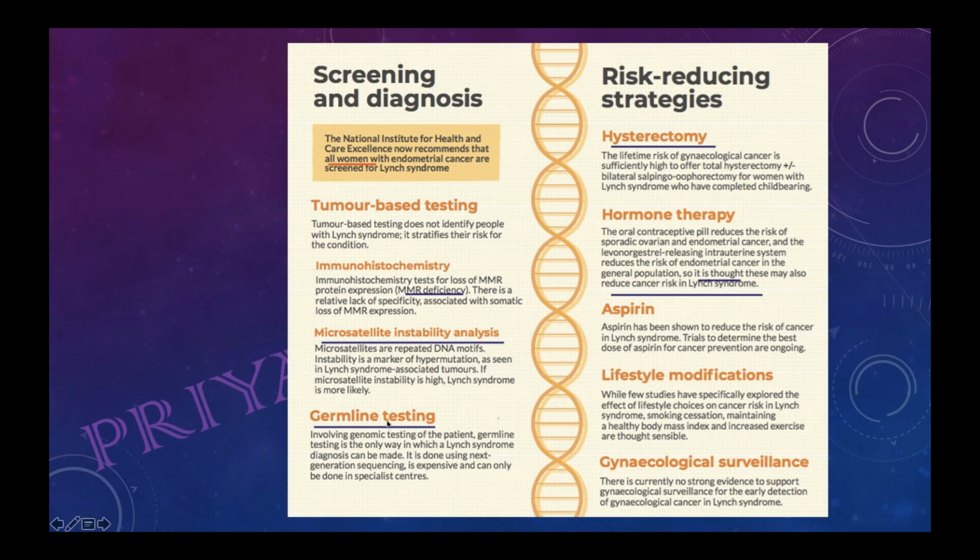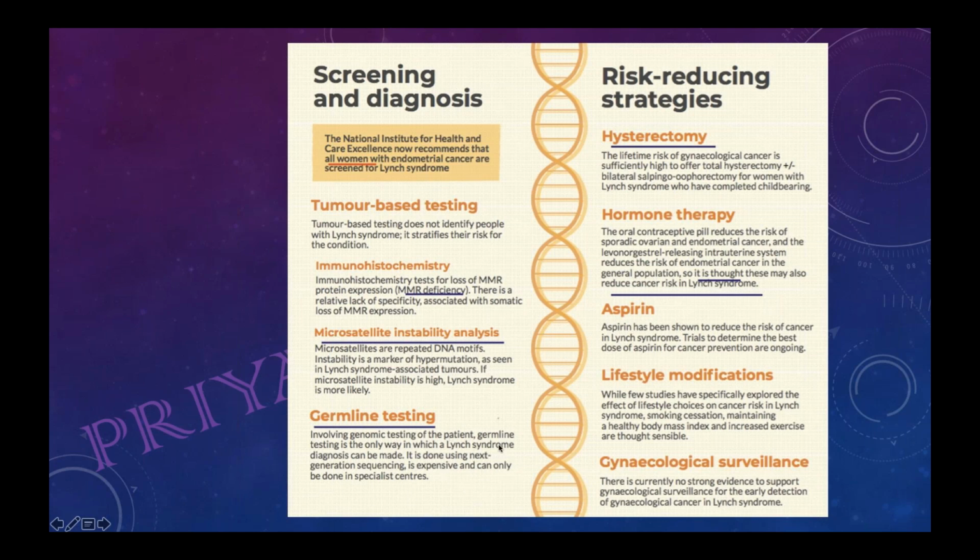Apart from this, germline testing can be done. If the diagnosis of Lynch syndrome is made, then germline testing is done in the patient. This germline testing is done using next generation sequencing, NGS. Maybe you will get a question from here. It is expensive and can be done in a specialist center.